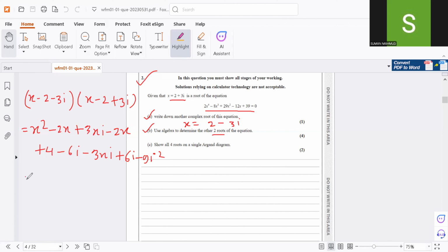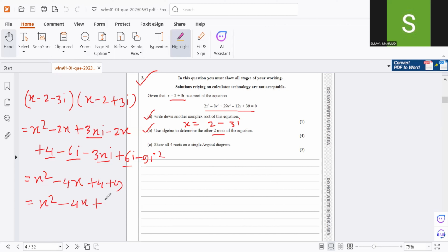The 3xi terms and the 6i terms cancel out. Minus 2x and minus 2x is minus 4x, and plus 4, and we know i squared equals minus 1, so plus 4 plus 9. Finally, we can write x squared minus 4x plus 13.